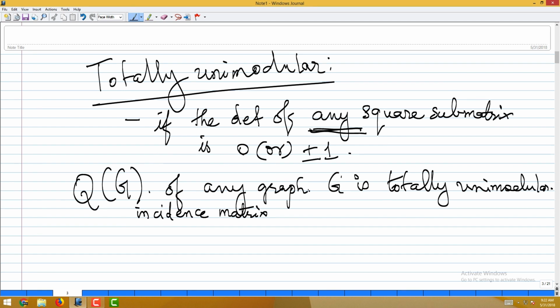So, one thing we can see is, obviously we are talking about any square submatrix, and we know that Q of G has rank n minus 1. Looking at its dimension, it is an n by m matrix. So, if I look at any n by n square submatrix, what will I get for the determinant? 0.